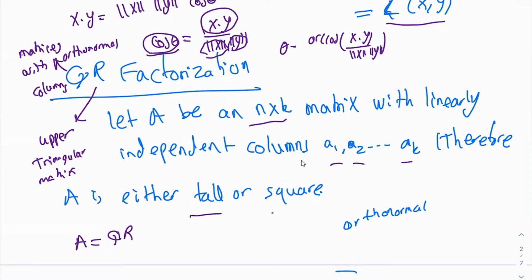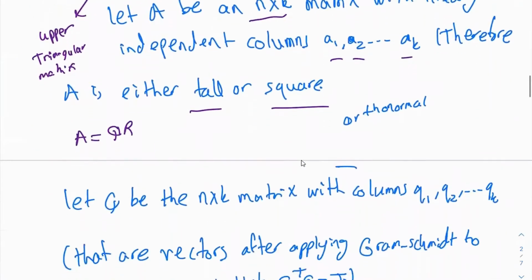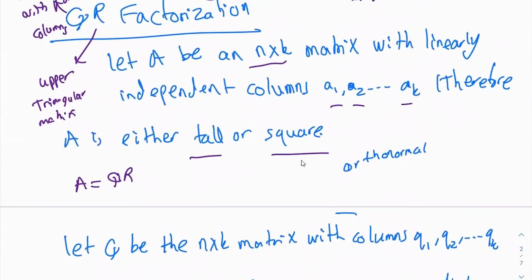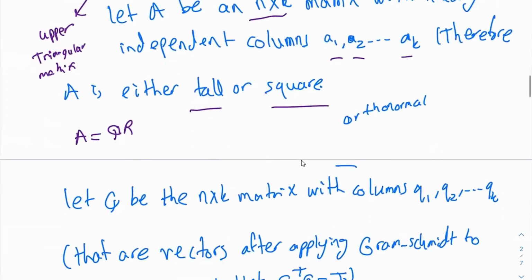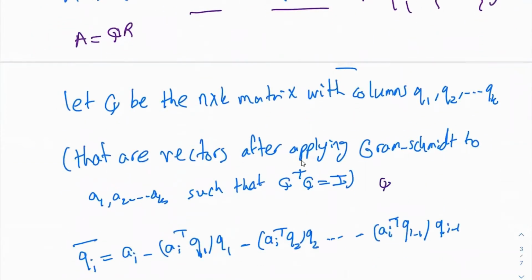Okay, very good. Now we define Q to be another n by k matrix, and the columns of Q are Q1, Q2, all the way to Qk. Maybe a picture will help us here. So this is A with the columns A1, A2, all the way to Ak. Okay, and what is Q? Q is nothing but this Q1, Q2, all the way to Qk.